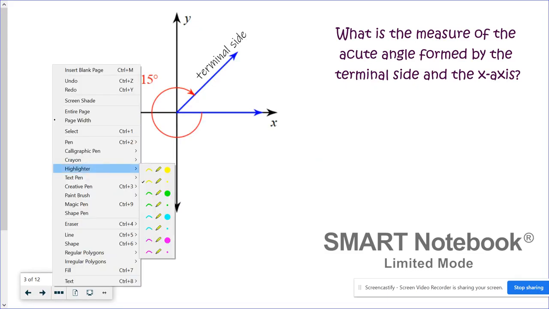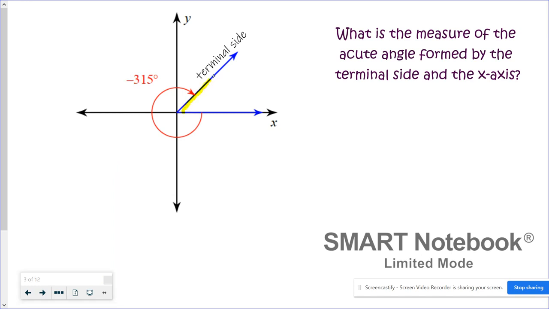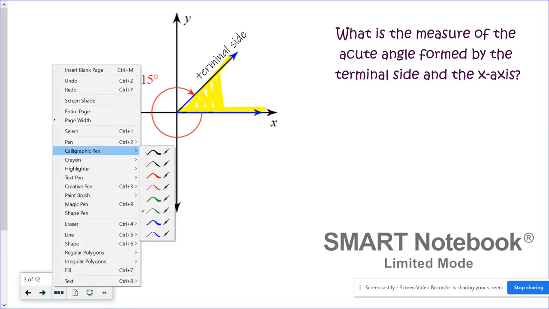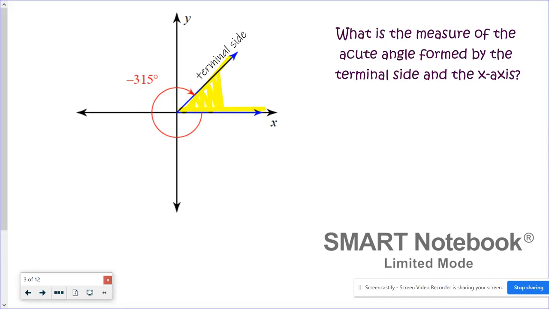So this time our reference angle is still the angle formed by the terminal side and the x-axis, so we're talking about this one. The angle that they've drawn for us is negative 315 degrees. You don't think in terms of negative angles all that well? Neither do I. So we can turn the negative 315 into its positive coterminal equivalent by simply adding 360.